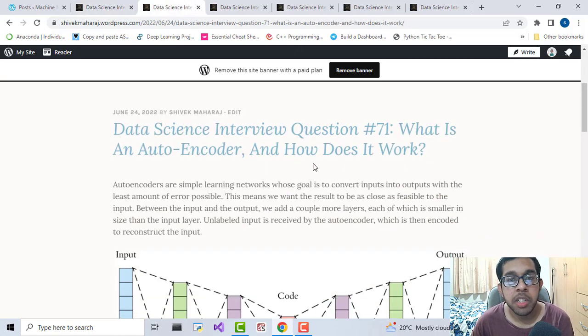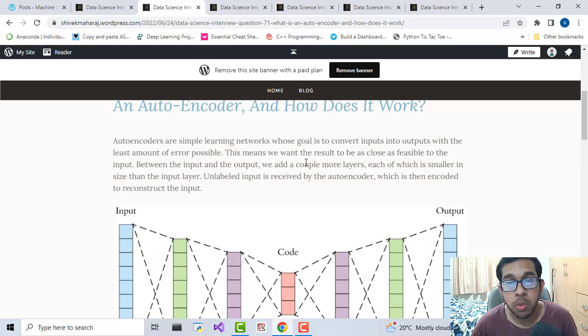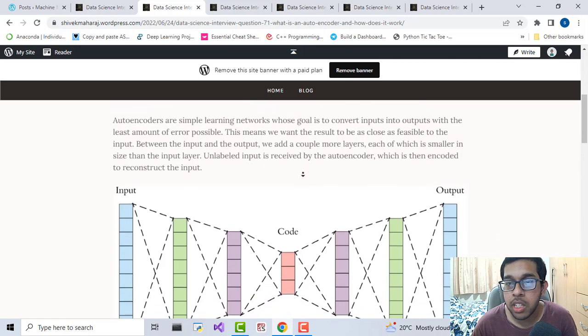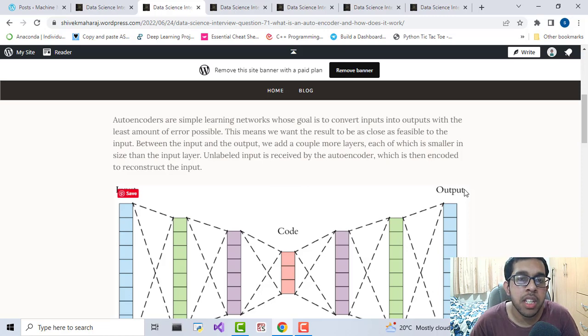Now, question number 71. What is an auto-encoder and how does it work? So, auto-encoders are simple learning networks whose goal is to convert inputs into outputs with the least amount of error possible. This means we want the result to be as close as feasible to the input.